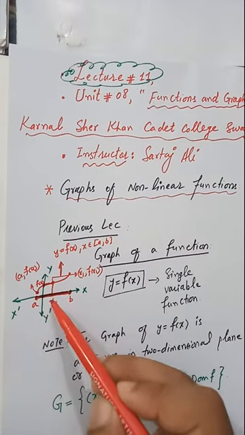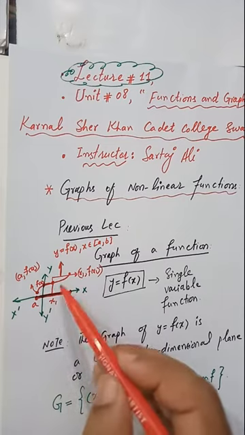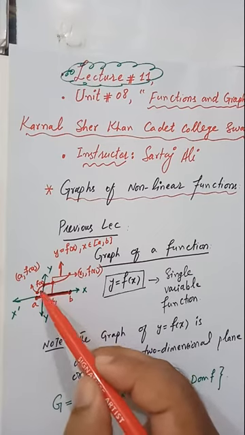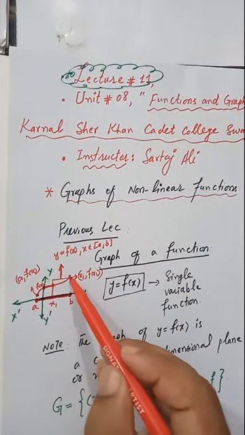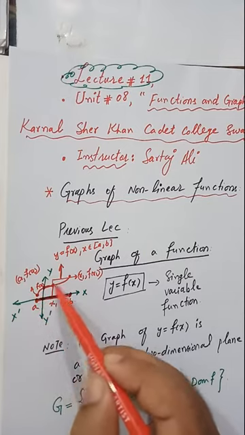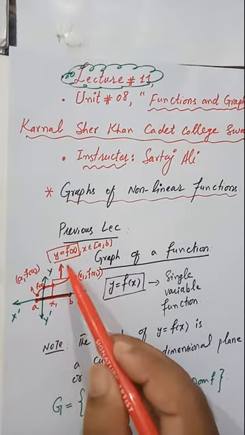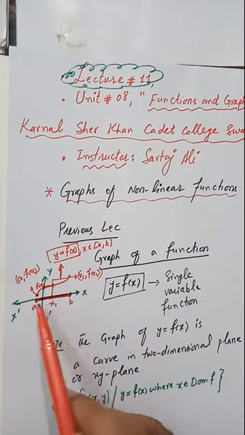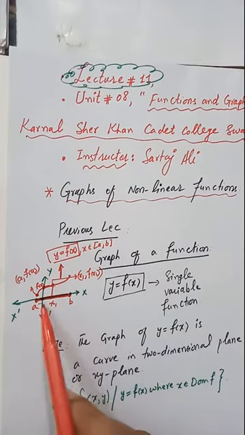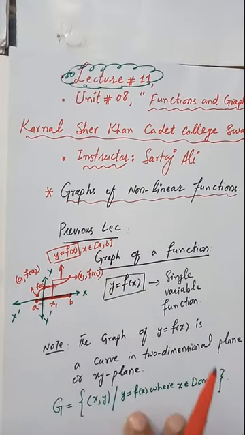So when you make the ordered pair and plot it, that point is associated with the ordered pair. And when you join all those ordered pairs, you will get the graph of the function. So you see this curve, this is the graph of this function. But these inputs, this x, must be from this interval. You see that x belongs to the closed interval [a, b], so this is the domain. So this is the graph of the function.